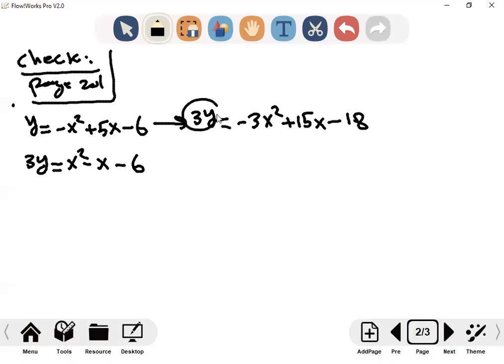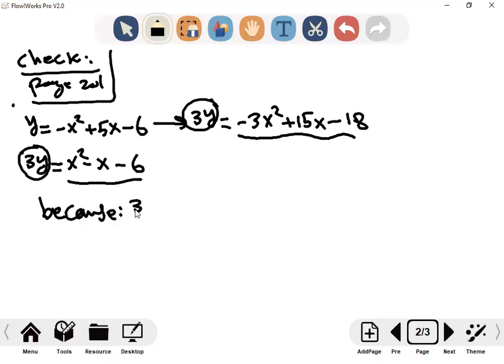Now 3y equal 3y means this expression here is the same as this expression here, right? So put them equal, because 3y equals 3y, then negative 3x power 2 plus 15x minus 18 should be equal to what?